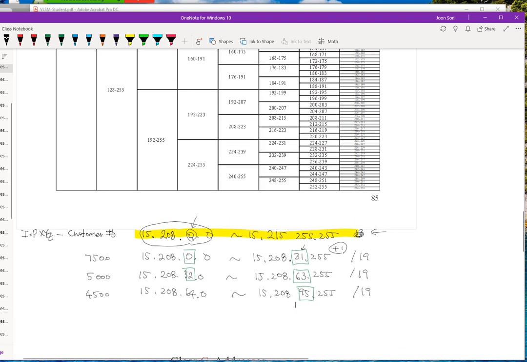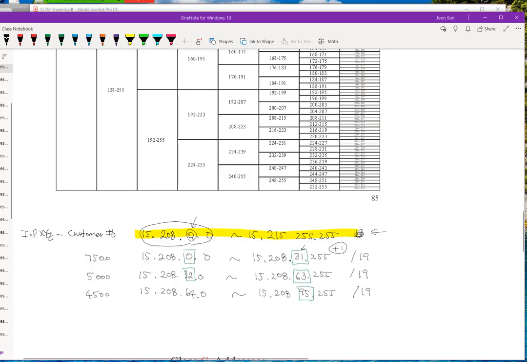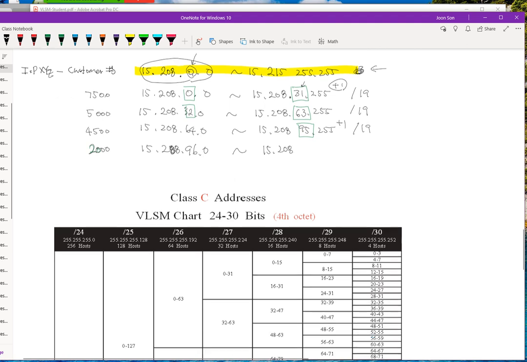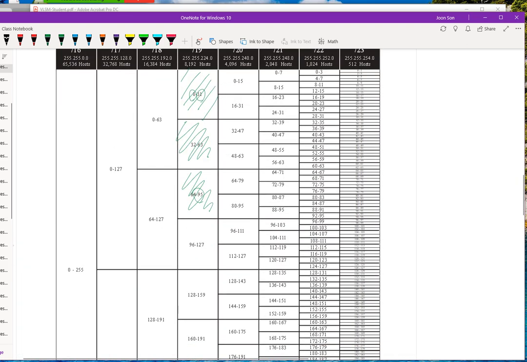Okay, so the next requirement is 2,000. And that one is 208. When I just add one more, it's going to be 96, right? So 96.0 all the way to 15.208, and 2,000. So let's see. Yes, then this one, 2,000.